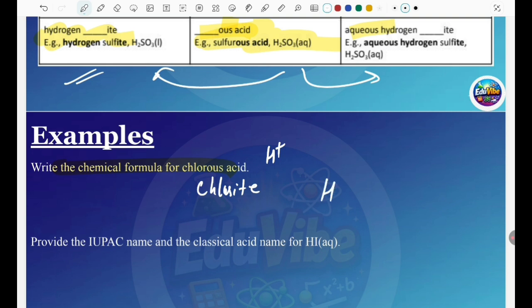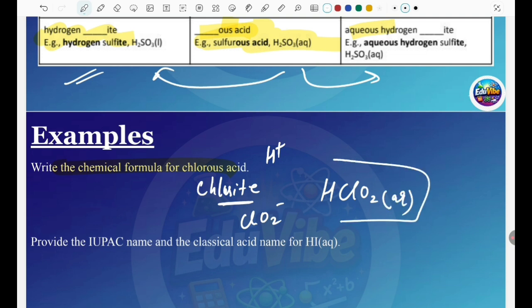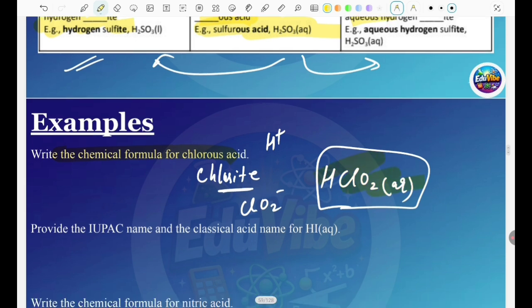So we have to write H first, and this chlorite you can find from the polyatomic ion table. The plus and minus charges cut out, and this is aqueous. I know this is a tricky thing, and you have to practice this, and then you will master it.